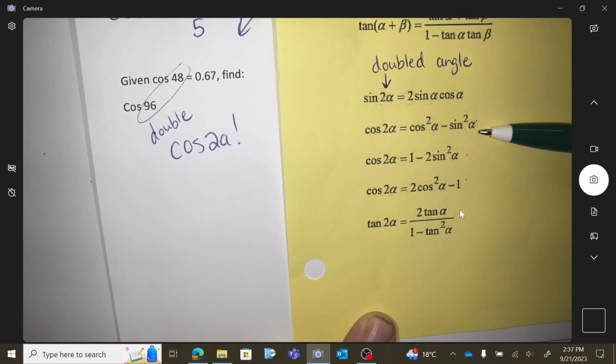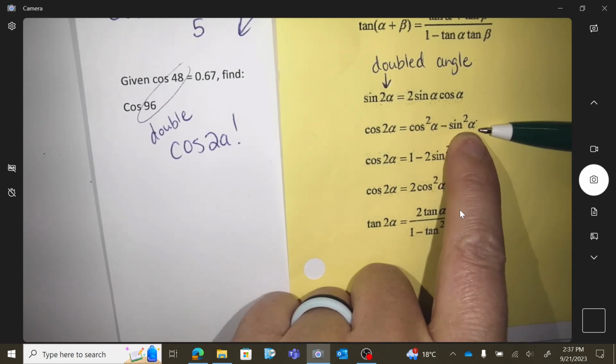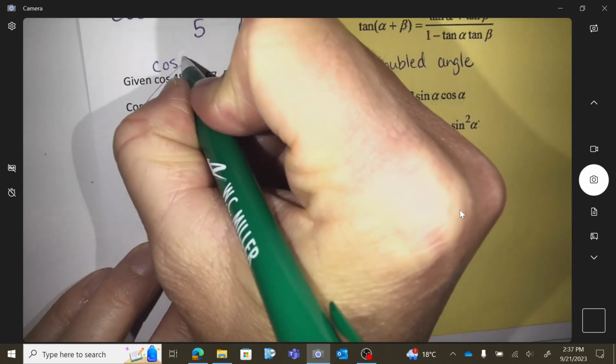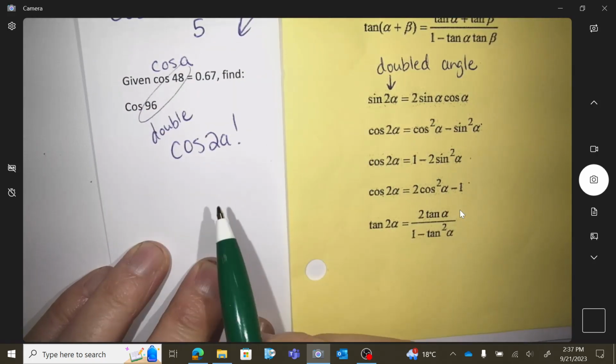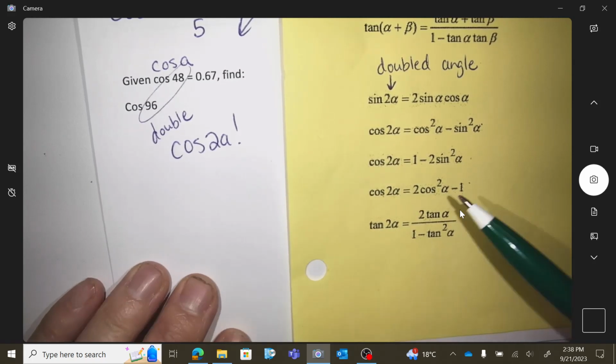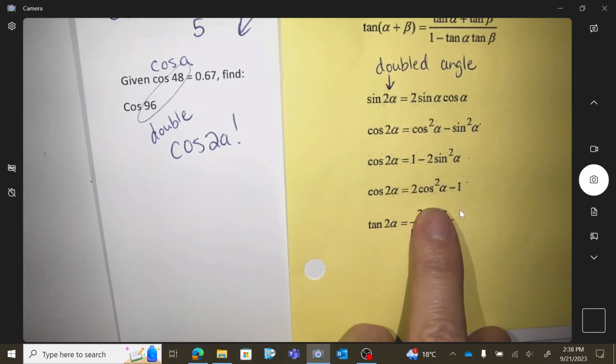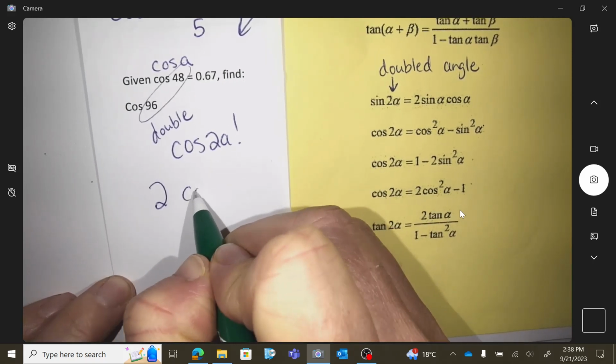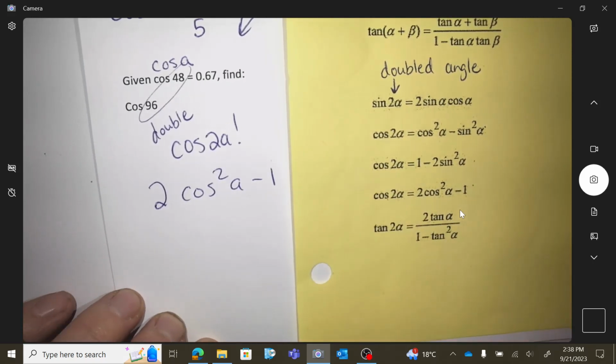Can I use this one? Nope, I can't, because I don't know what the sine of this angle is. This is the cos of the angle. I'm trying to find the cos of the double angle, so I have to use the bottom one. So 2 cos squared a minus 1.